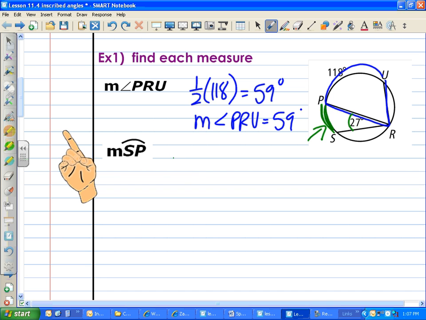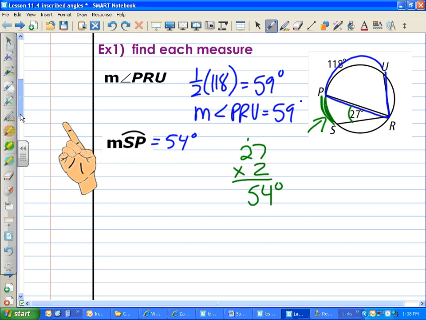So double 27 is 54 degrees. So the measure of arc SP is 54 degrees. Again, that was pretty simple. Let's move on.